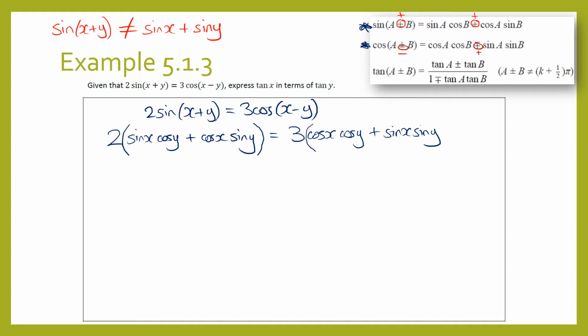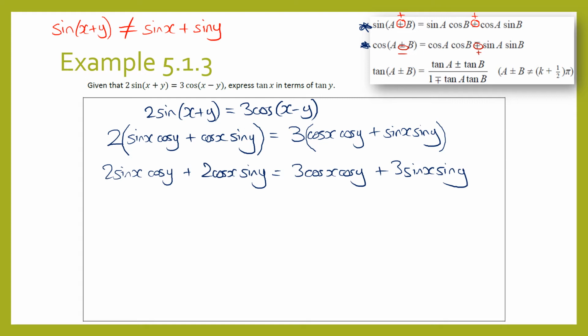The whole of that expression needs multiplying by 3, so we need brackets. What I'm going to do next is get rid of these brackets now. So we've got 2 multiplied by everything in these brackets, and then 3 multiplied by everything in those brackets. Now we have multiplication. We can use the standard properties of multiplication and expand the brackets. There we go, brackets expanded.